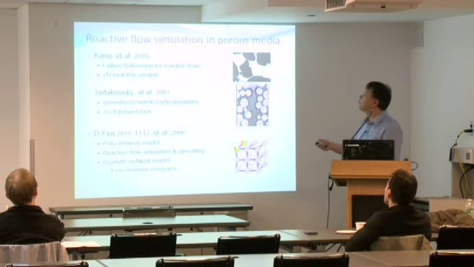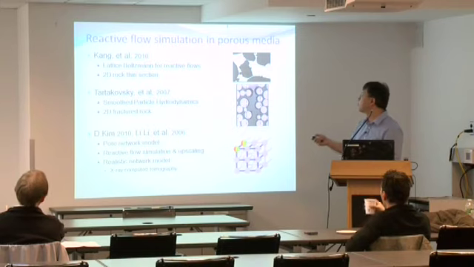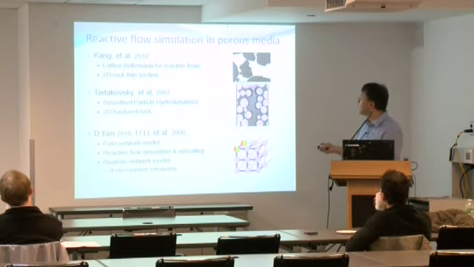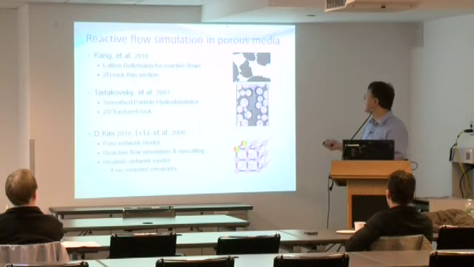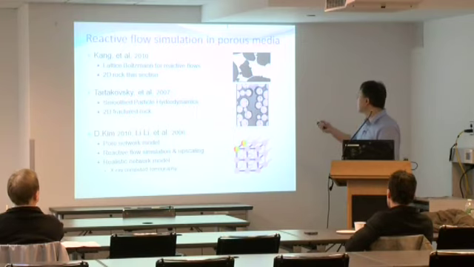There are a few numerical models for reactive flow simulation in porous media. The Lattice-Boltzmann method and smoothed particle hydrodynamics can simulate the reactive flows in porous media directly. But porous media are so random and complicated that so far they can only work on two-dimensional pore space.